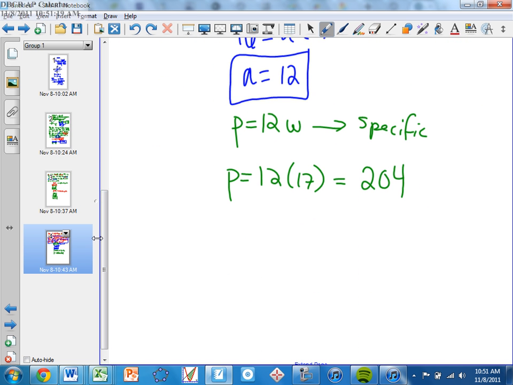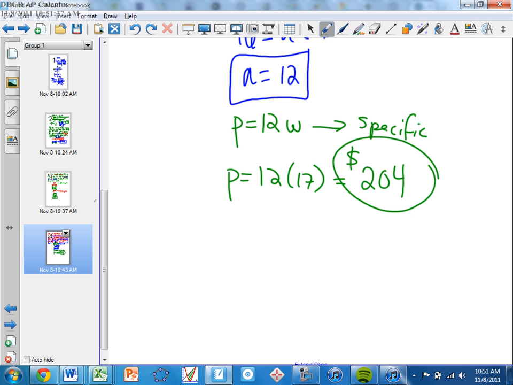Okay, so the person makes $204. Let's think for another second. Is that double 96 or at least double 96? It is. Double 96 would give us 192. So this is clearly at least double 96. So our answer is reasonable.